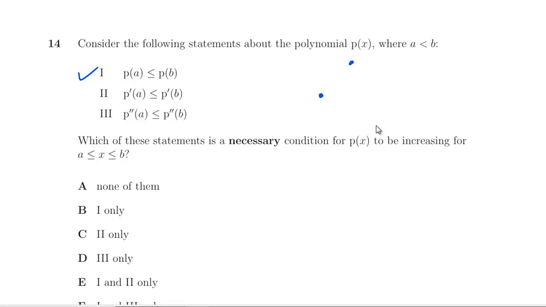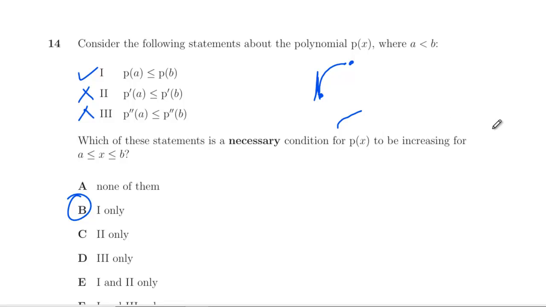Well, no, you could do that. That would still be increasing, but you'd have a greater gradient there, so that's not going to work. And then the rate of change of gradient, well, we can mess around with that all we want, can't we? You could start off with a very quick change and then go flat. So you'd get a big change of gradient at the beginning and then very little change of gradient at the end. So that's not going to work either. So it's only going to be the first one.